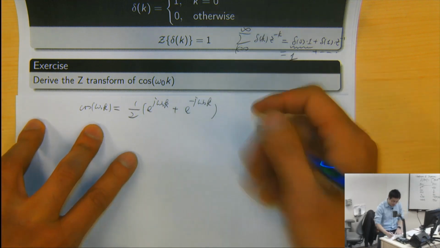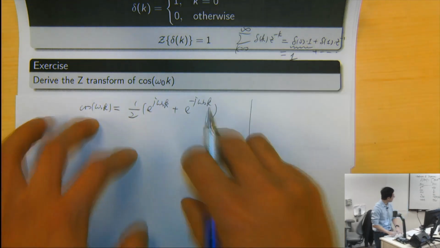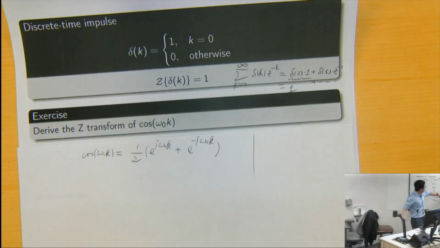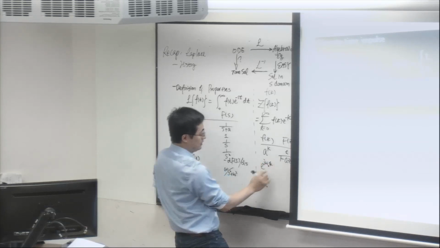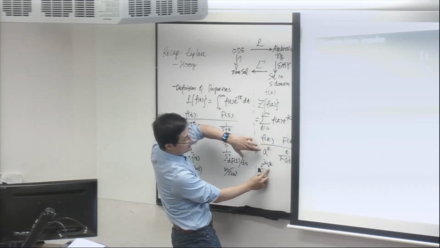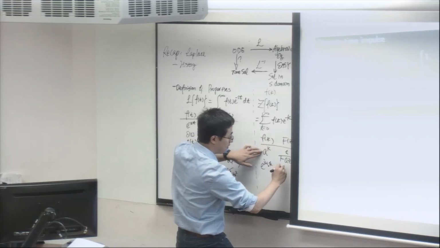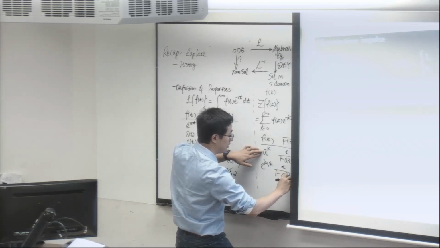And we talked about this one, right? a to the k corresponds to 1 divided by 1 minus a z inverse. So as a special case, if I have e to the j omega 0 k, this e to the j omega 0 is my a. So its z transform is 1 over 1 minus e to the j omega 0 z inverse.